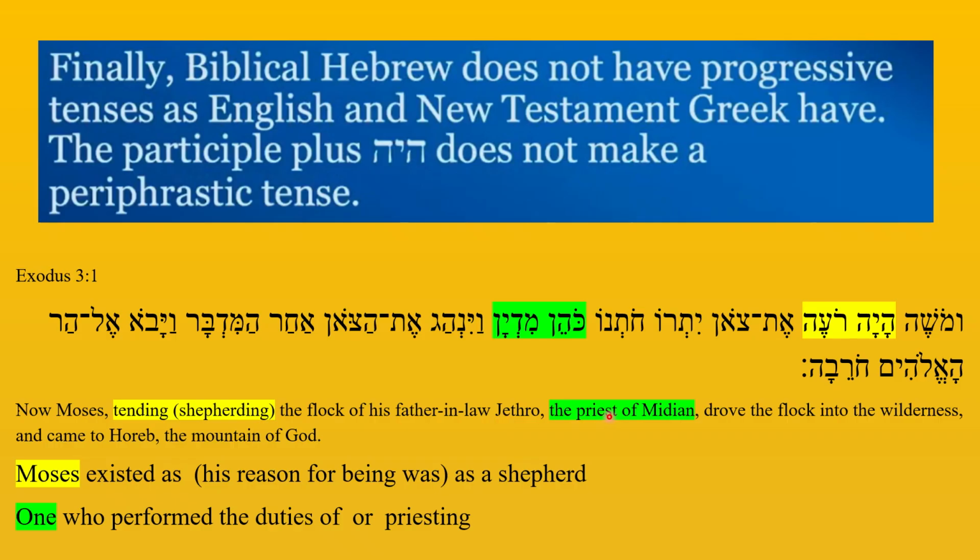He was the priest of Midian. We don't even think of this as a verb anymore. It's one of the participles that have become a noun, but originally had a verbal form. So originally, this is the one who performed the duties of priesting, the priest of Midian. Okay? So recognize that important distinction.